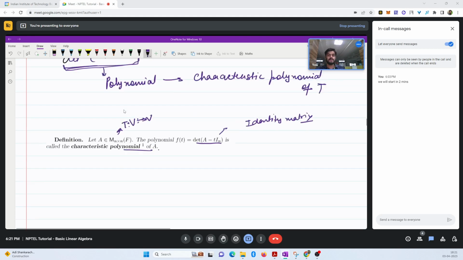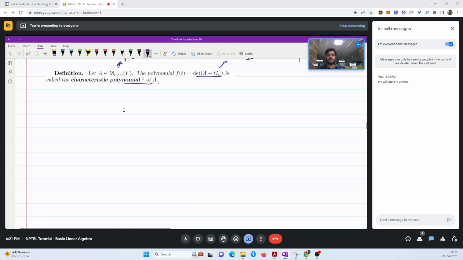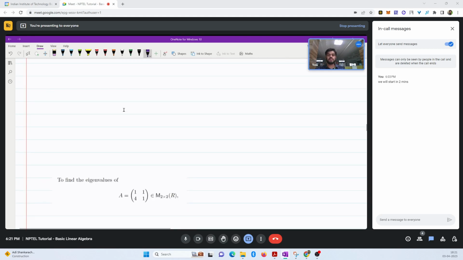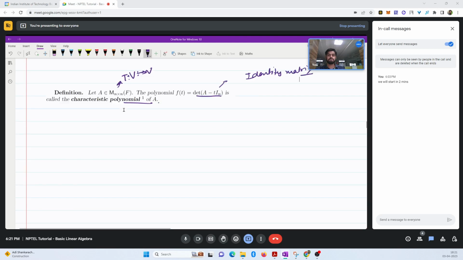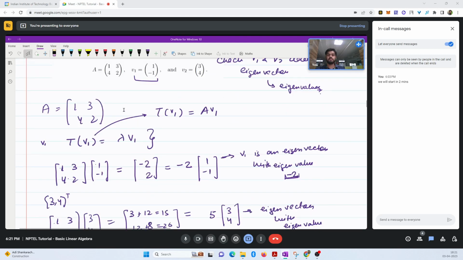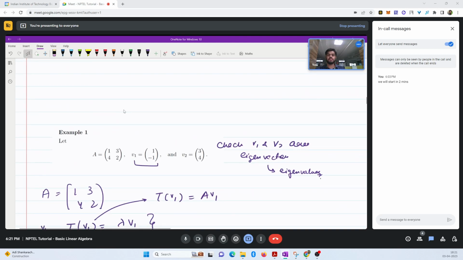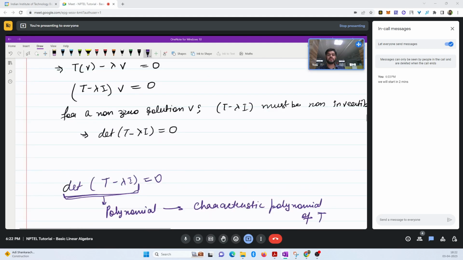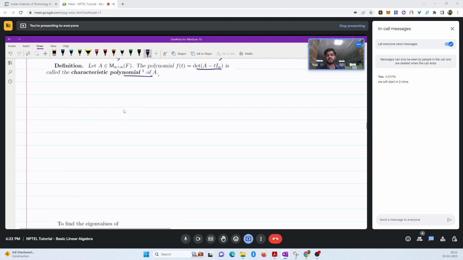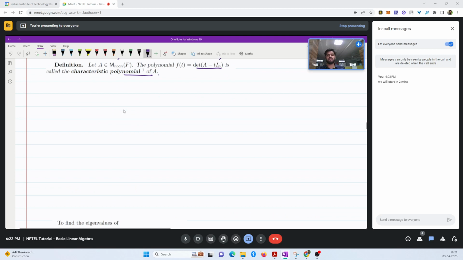So we had an example over here, that is the matrix [1 3; 4 2]. Let's try to find the characteristic polynomial for this.